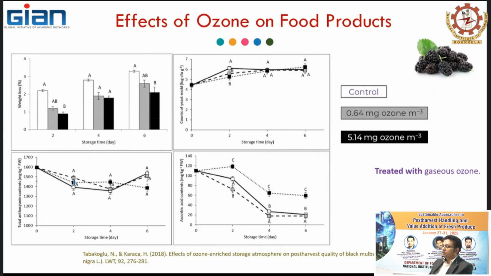Here, to check, there was the same timing, but they tried to change the doses. Rather than changing the timing, they changed the concentration of the ozone, and here there is a little bit of contrasting result. Sometimes we found that treated with higher doses and with lower doses, the result does not come in a directly significant way.